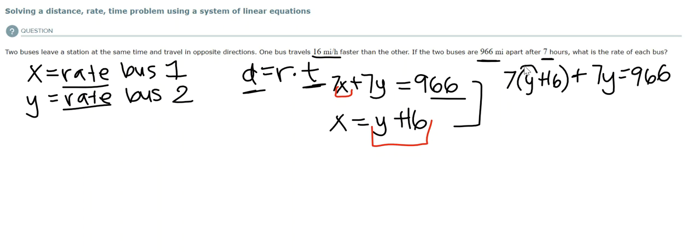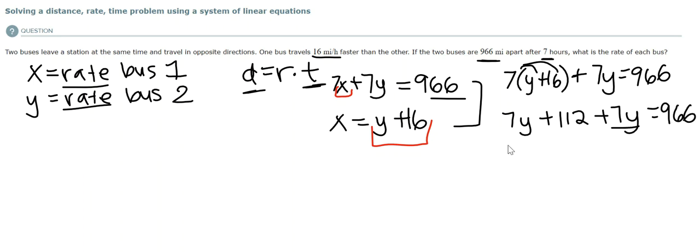And now I just need to simplify. So I have 7y plus 7 times 16, which is 112, plus 7y is equal to 966. I'm going to combine my like terms to get 14y plus 112 is equal to 966.